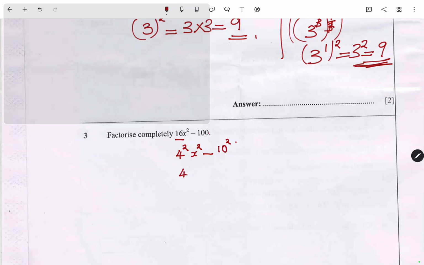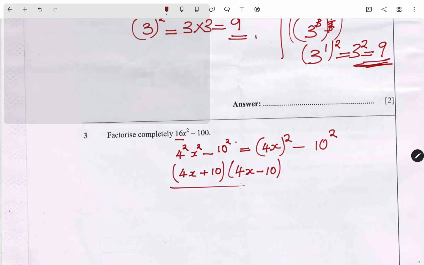So this will be 4x plus 10. Remember, this is a difference of 2 squares. If you wanted, this could have also been written as 4x squared minus 10 squared. Then this would be 4x minus 10. That's all. We're done. Difference of 2 squares.